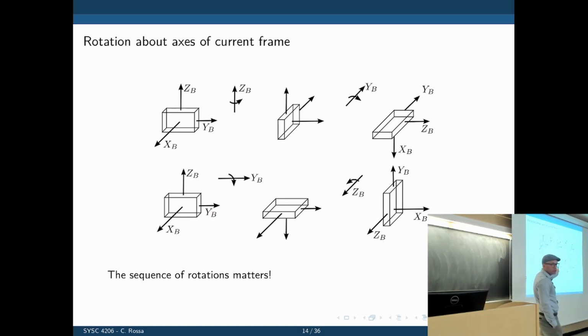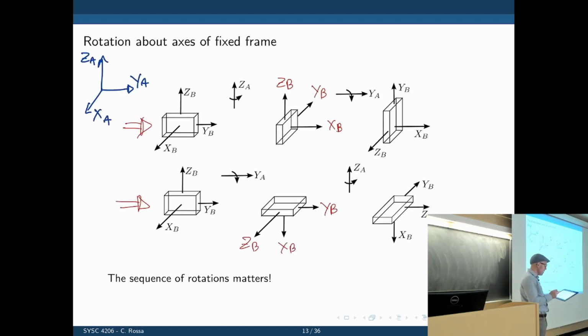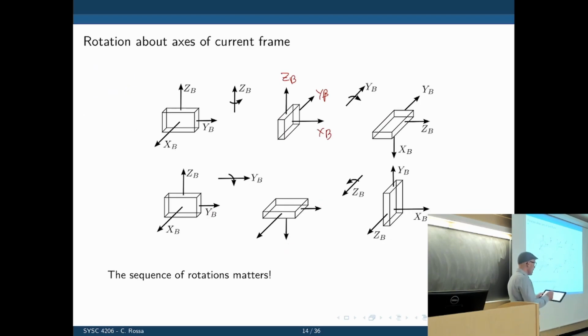We go rotating around Z, ZA and ZB have the same orientation. So that will give us pretty much the same as we had before. So here we have ZB, we have now XB and YB. Now the second rotation occurred before with respect to YA. YA was fixed, but now YB is pointing to the back. Now the rotation will occur around that one.